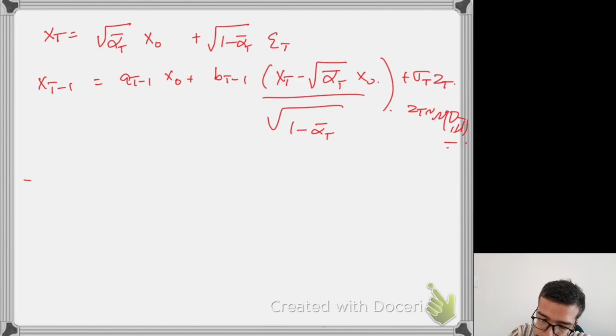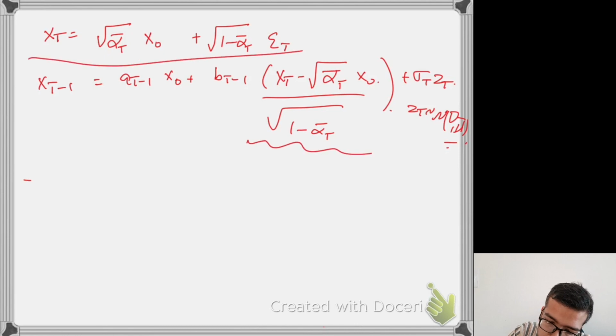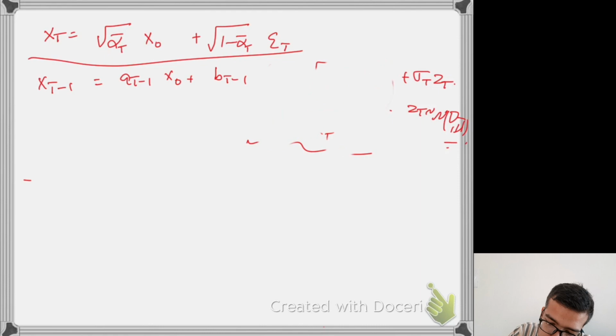From this equation, this is nothing but epsilon_t, where epsilon_t is standard normal. That was the reason why I parameterized it in terms of epsilon_t rather than the first one.